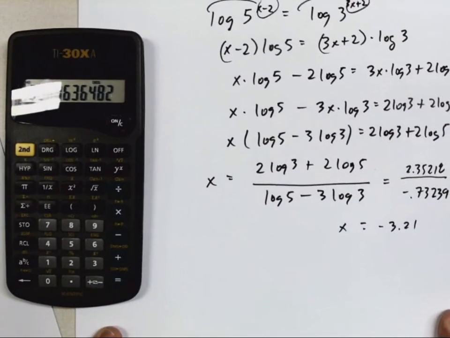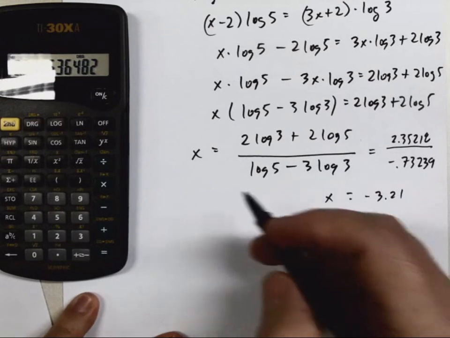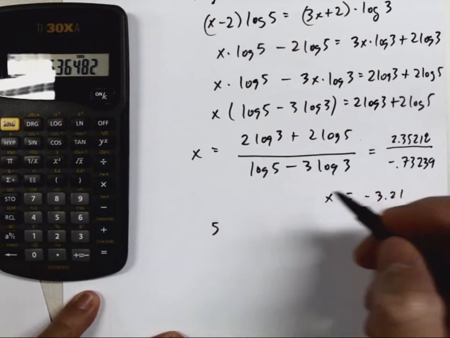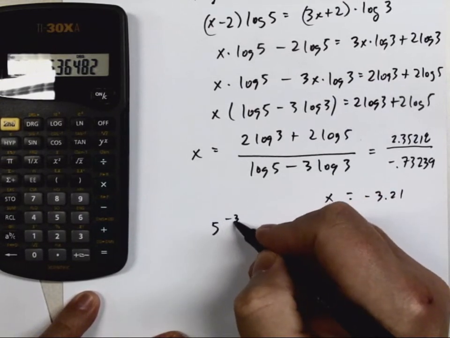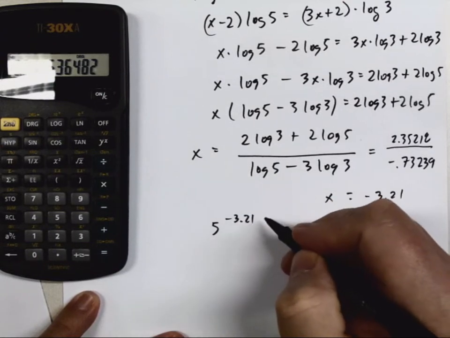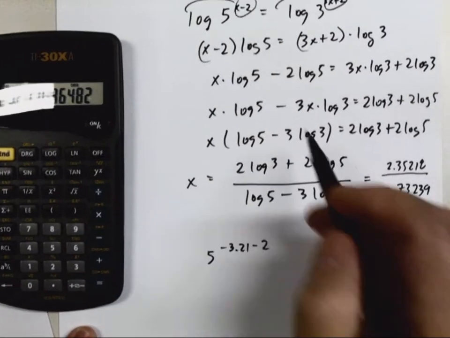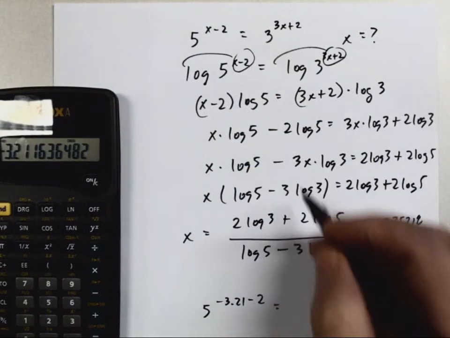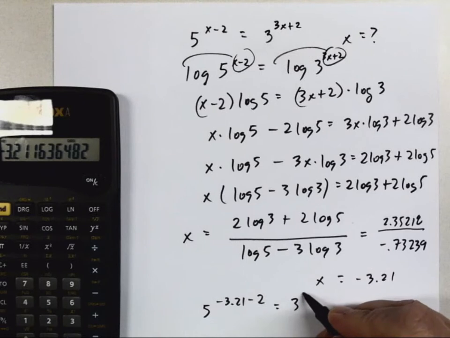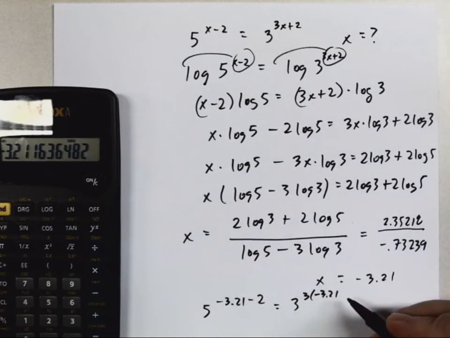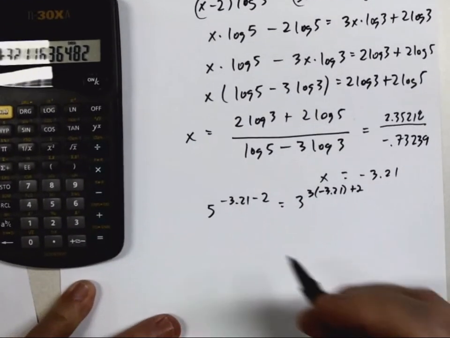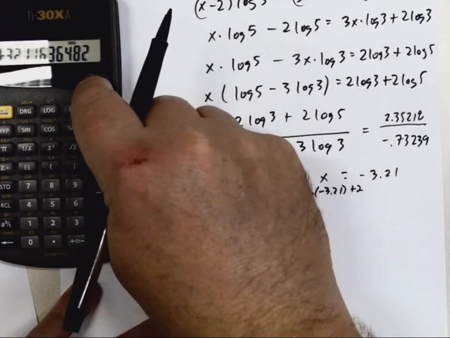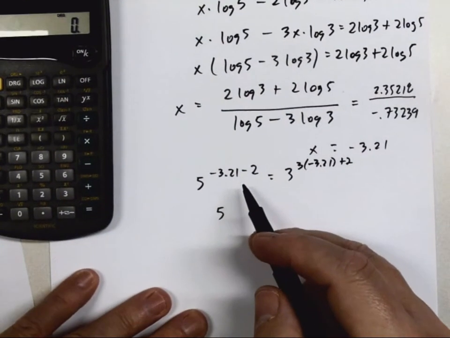Just for fun, let's see if it's correct. So I have 5 to the negative 3.21 minus 2. So I'm plugging x back into my original equation and see if this works. 3 times 3 times negative 3.21, boy, this is ugly.